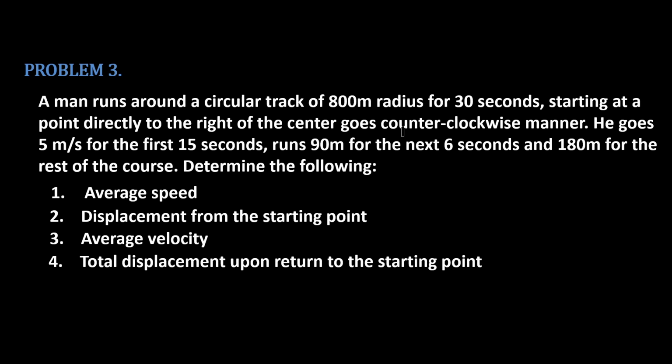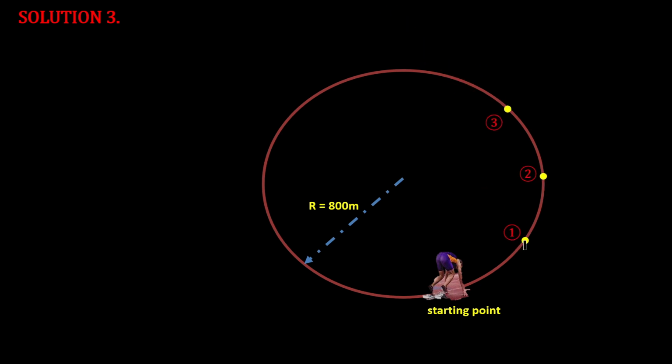So, meron tayong circular track, may radius na 800 meters. Dito yung runner. Ang runner daw is nag-move counterclockwise. Paganto yung kanyang takbo. Simula dito, pupunta dito. From starting point to point 1, tumakbo daw siya ng 5 meter per second, parang medyo mabilis, sa loob ng 15 seconds.